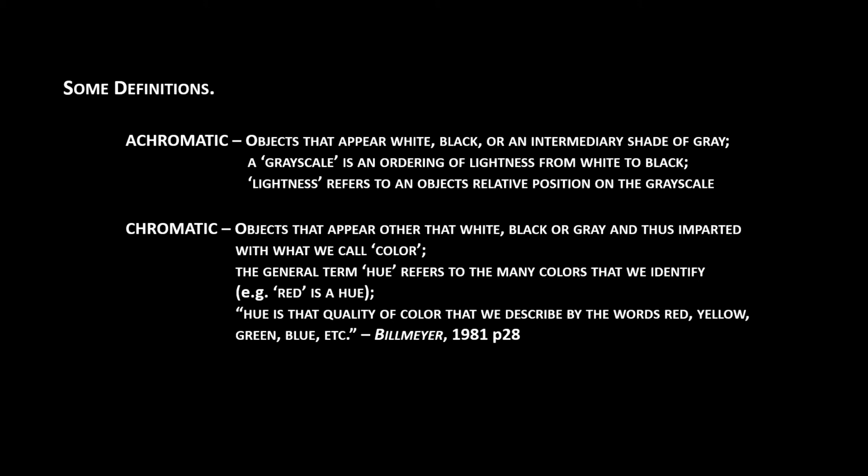And there are specialized terms in defining color, and one refers to the hue, H-U-E, as a specific type of color. And we'll start using definitions from Bill Meyer's classic textbook. So his definition of hue is given at the bottom.